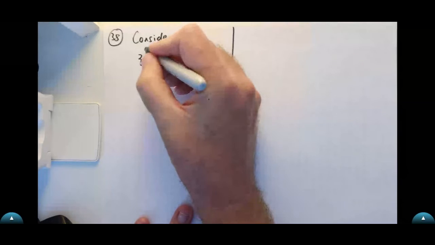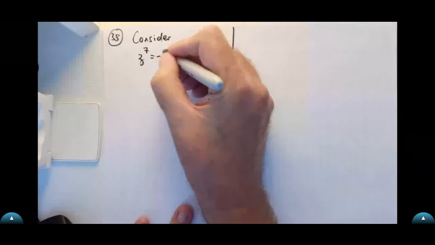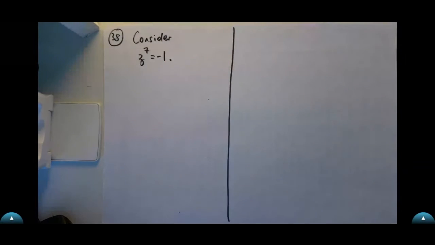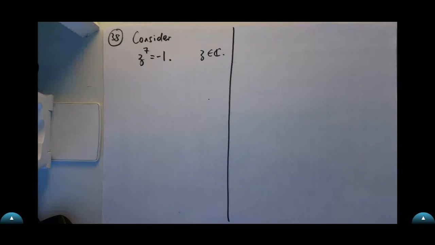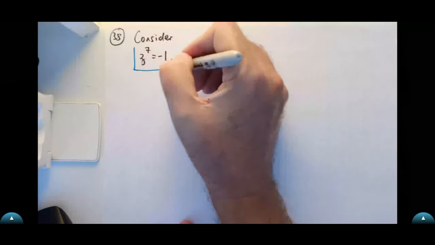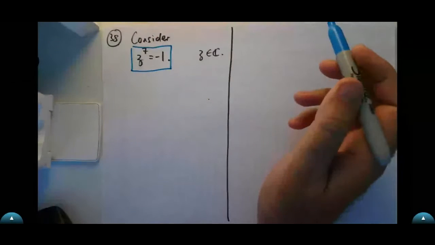So z to the 7th equals -1. Okay, and you want to solve that for z, for complex numbers. Now, what do you notice about this equation?